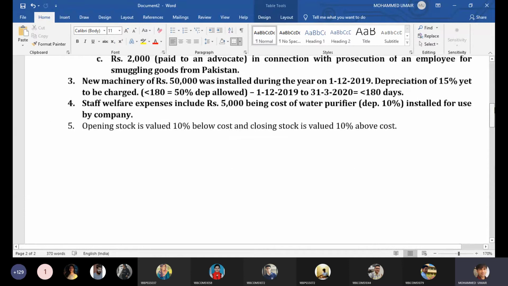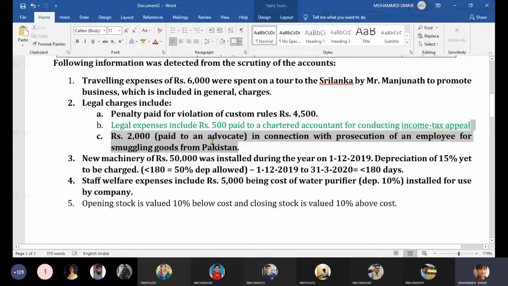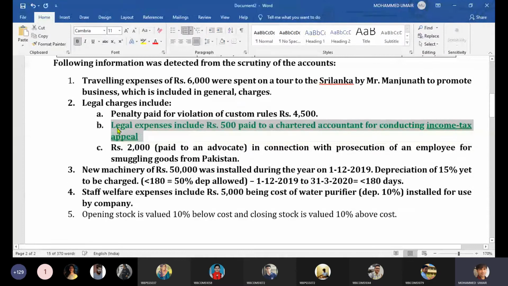Okay, so we have accounted almost all adjustments except for inadmissible incomes.